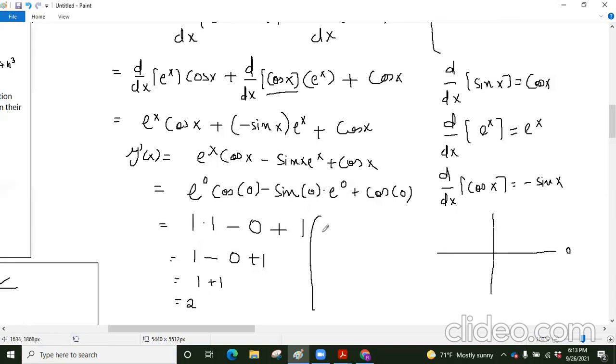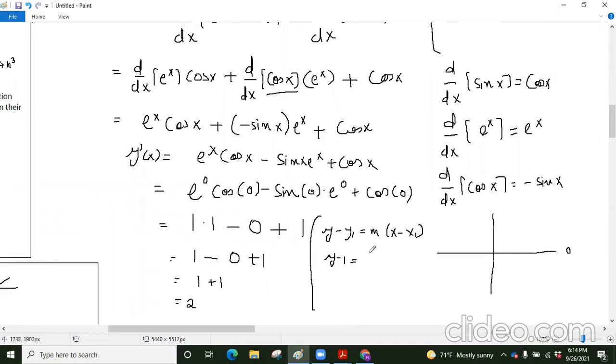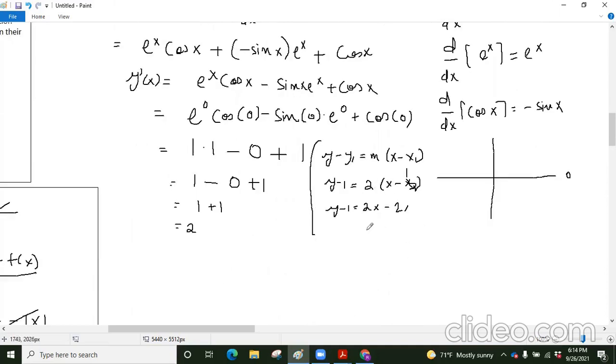And then we can say y minus y1 equals m times x minus x1. y1 in this case is 1, m we know is 2, and x1 is 0. So y minus 1 equals 2x minus 0, so y equals 2x plus 1 after adding 1 to both sides.